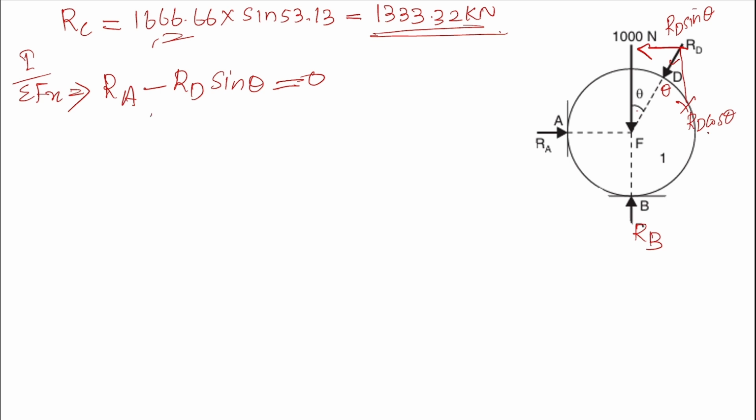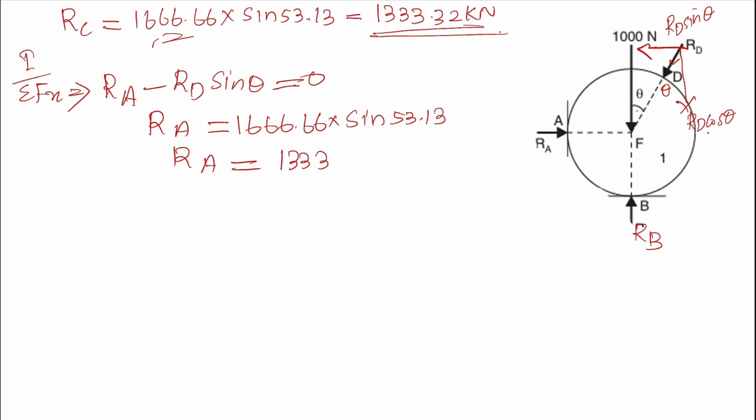So from this figure we can find out RA. RA is equal to RD into sin theta, theta is 53.13. So from this we will get the value of RA as 133.32 kilonewton. Okay. Now only one unknown is there, that is RB.